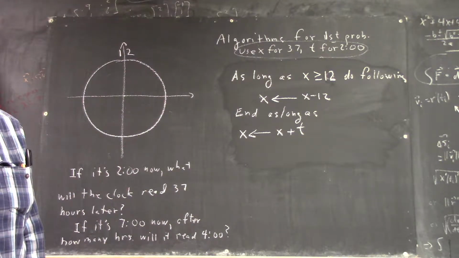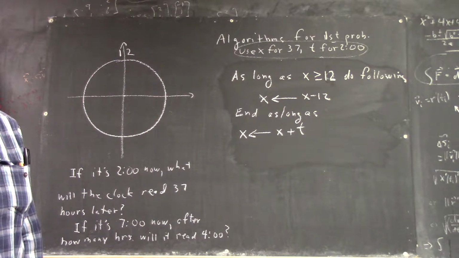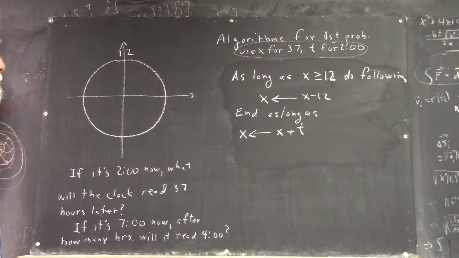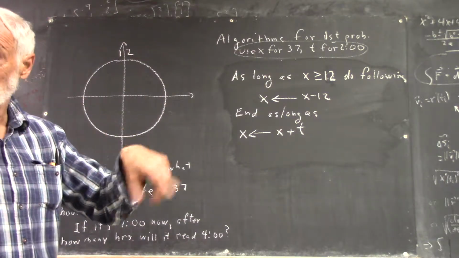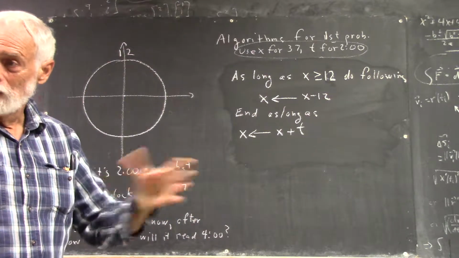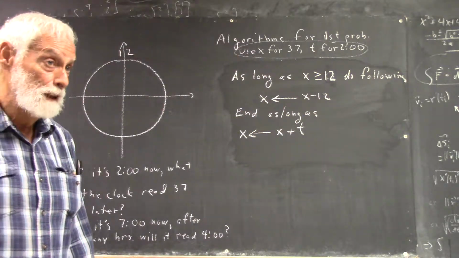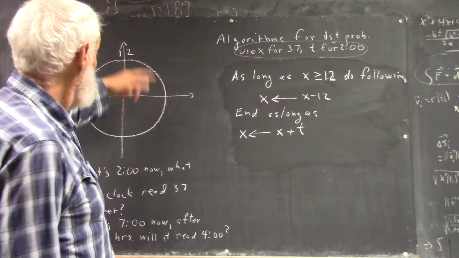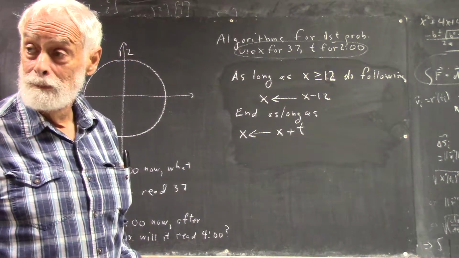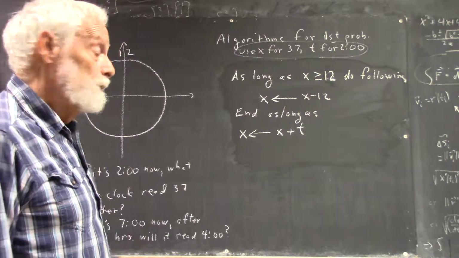Is there any possibility? Well, you could check it number by number. There are only 12 possible numbers. Of course, sometimes you have infinite possible inputs to an algorithm, but right now, there are only 12 possible inputs, so you can check it out.